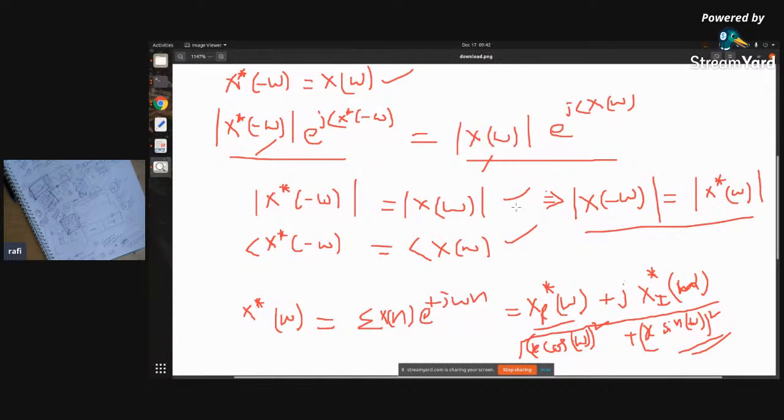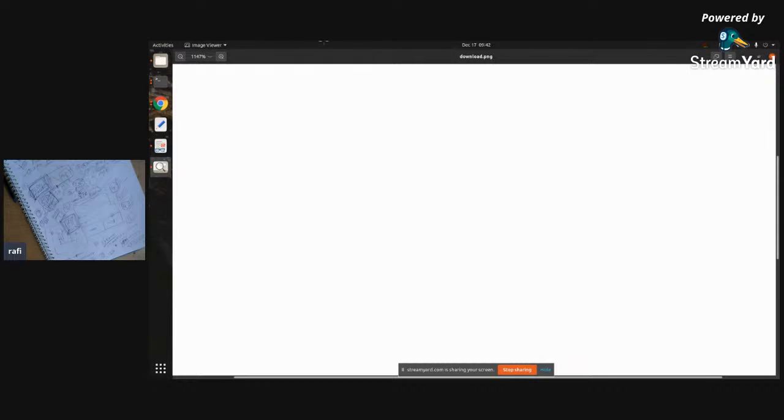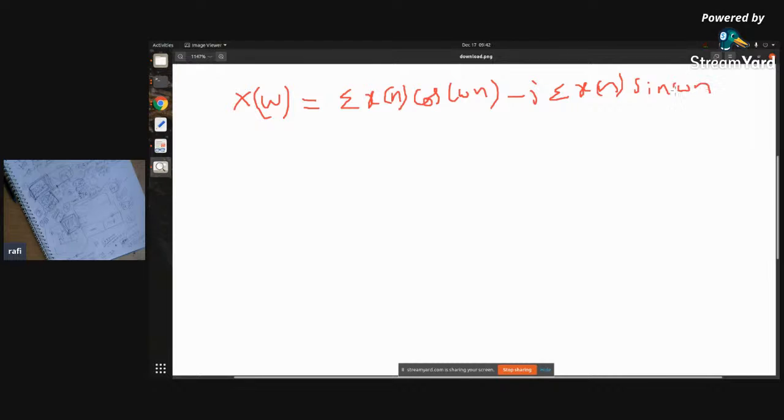I will write more clearly. x of omega is the summation of x of n cos omega n, which is the real part, minus j into the summation of x of n sin omega n, which is the imaginary part. This is imaginary and this is real.